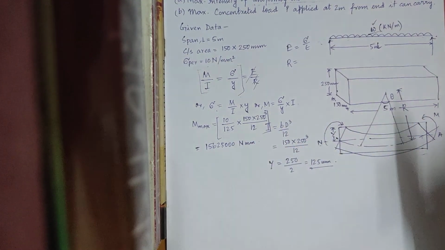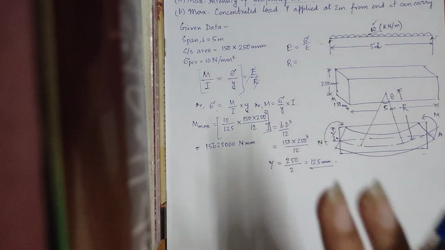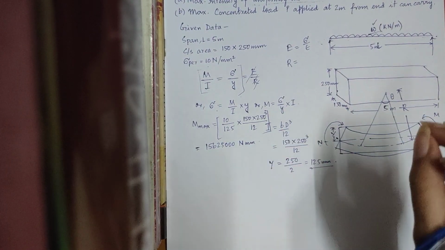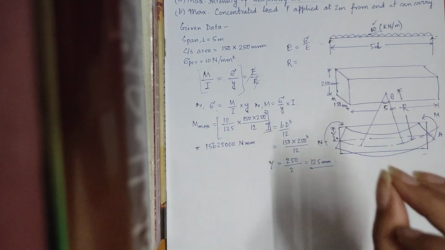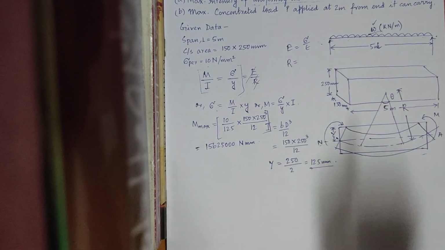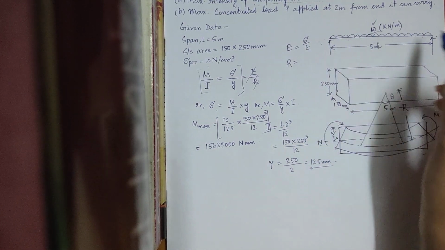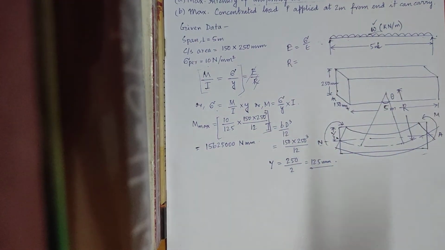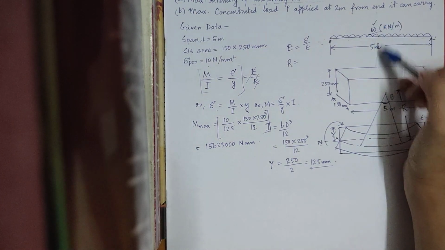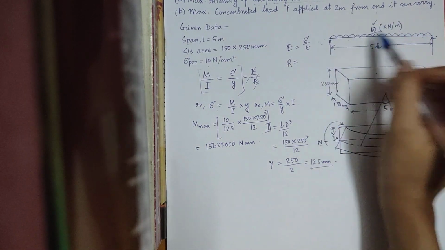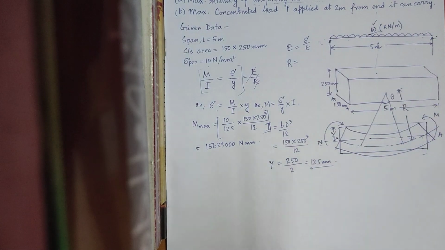In every beam with any form of loading, there is a point where the bending moment is maximum, and for this beam which has a UDL acting upon it, the maximum bending moment is at the center because of the symmetric loading.